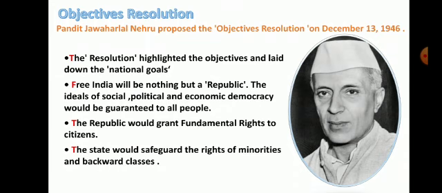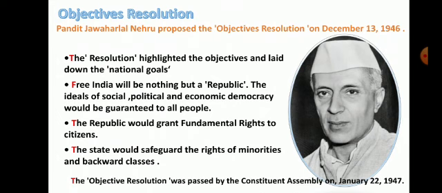The state would safeguard the rights of minorities and backward classes. Then the objectives resolution was passed by the Constituent Assembly on January 22, 1947. So these were the objectives resolutions proposed by Pandit Jawaharlal Nehru.